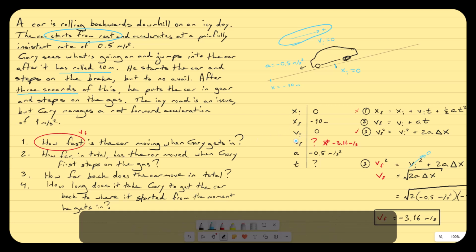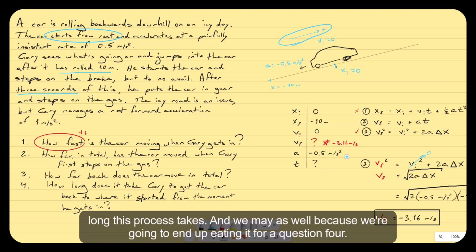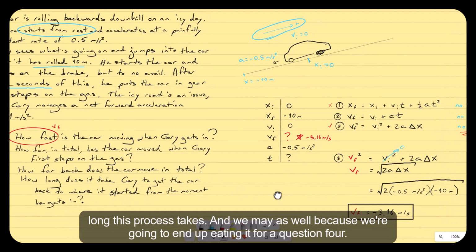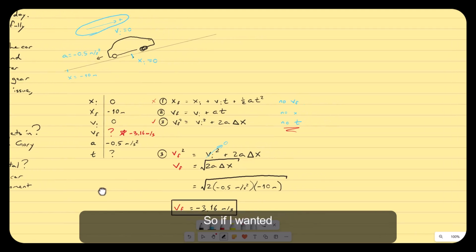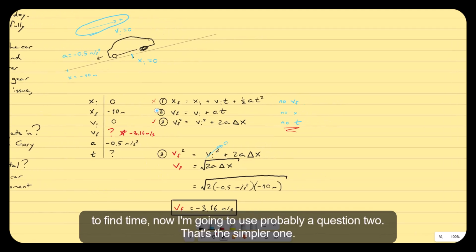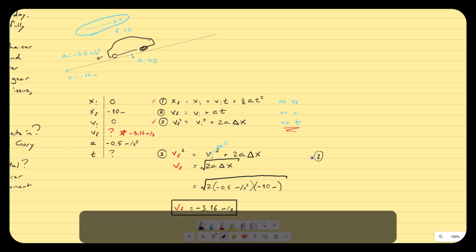We can find how long this process takes, and we may as well because we're going to end up needing it for question 4. To find time, I'm going to use equation 2 because that's the simpler one. V final equals V initial plus a t. I'm solving for t. This guy is 0.